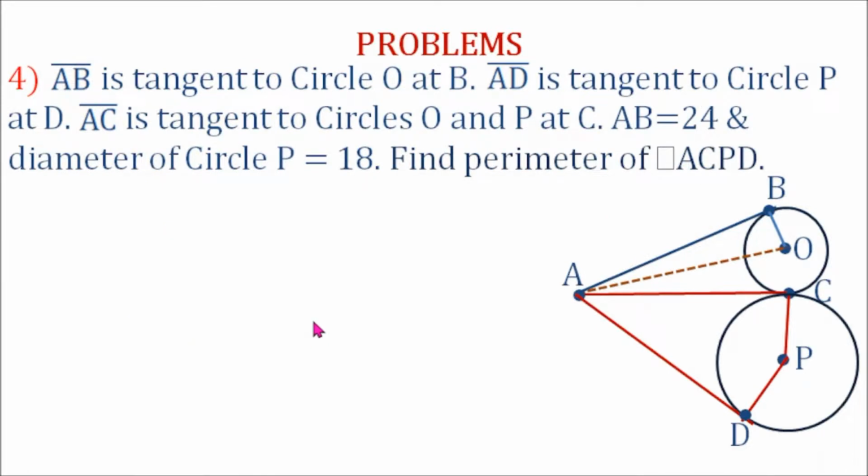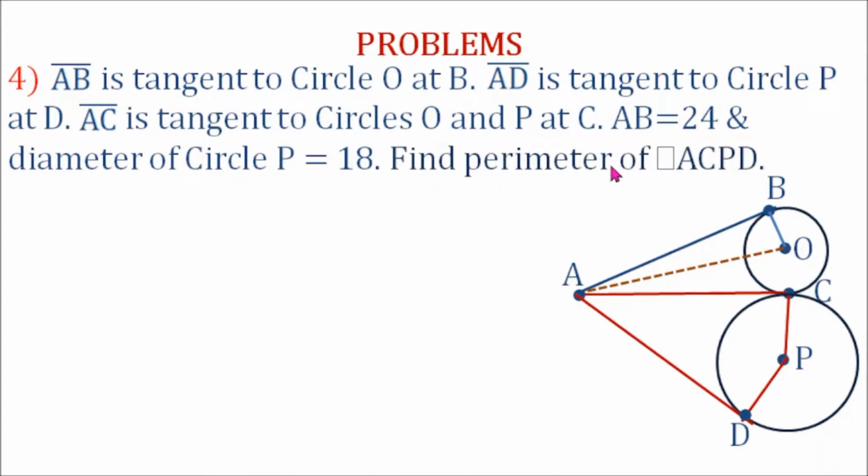Example number 4. In our figure, line segment AB is tangent to circle O at point B, and line segment AD is tangent to circle P at point D. Then line segment AC is tangent to circles O and P at point C, and AB equals 24, and the diameter of circle P is 18.